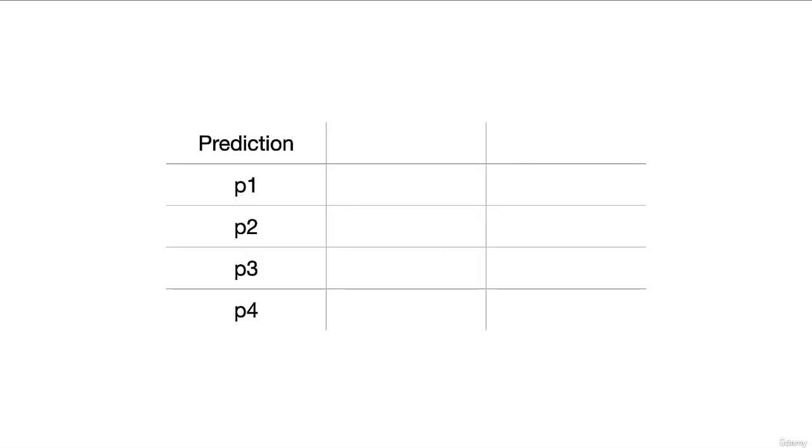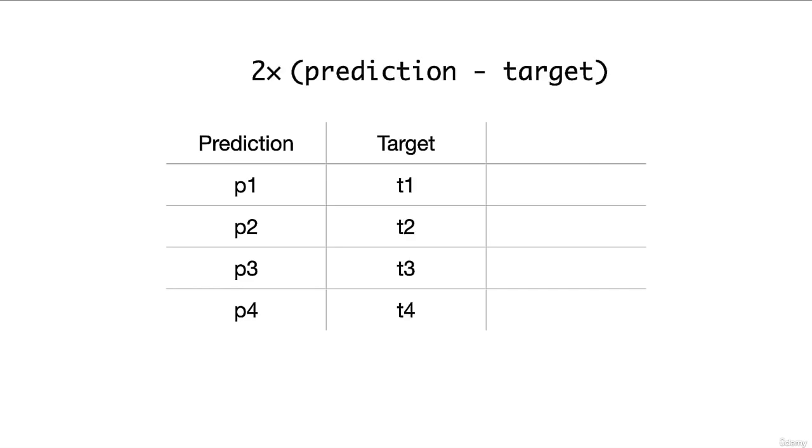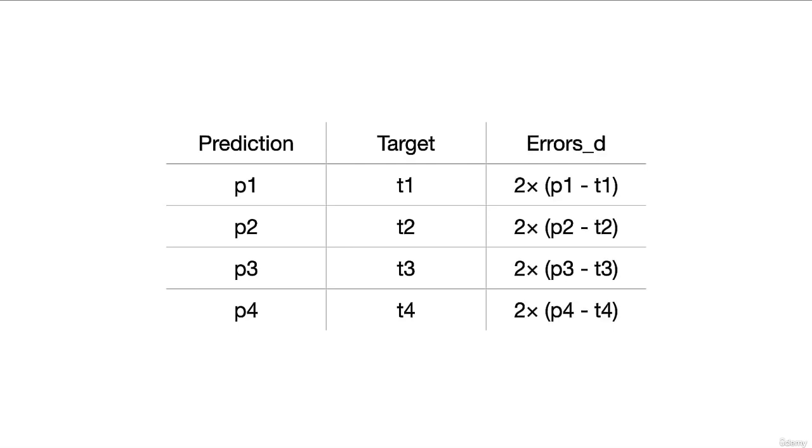At this point, there is a list of 4 predictions, a list of 4 targets, and by using the derivative, a list of 4 error derivatives is created. It is important to know that even if the table shows the function derivatives, the thing that is actually stored is the result of the function derivative. In other words, a number.